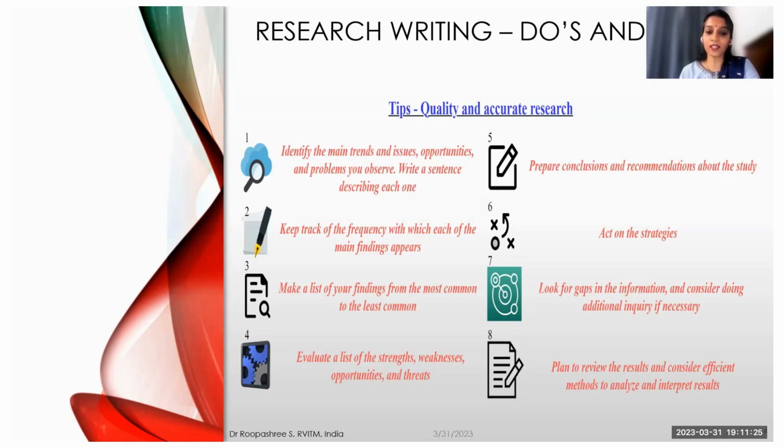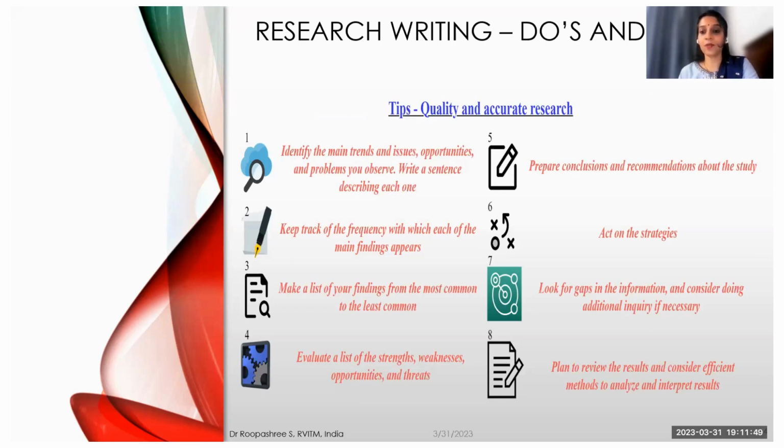Thirdly, we need to make a list of all these findings from the most common to the least common. After we make these listings, the next step is to evaluate the strengths, the weaknesses, and the threats and opportunities that are to be expected.